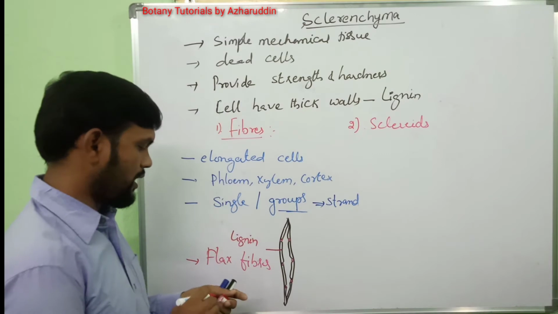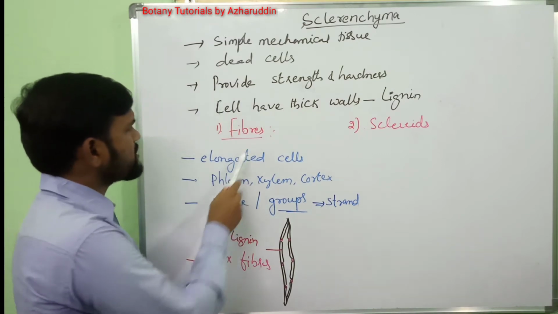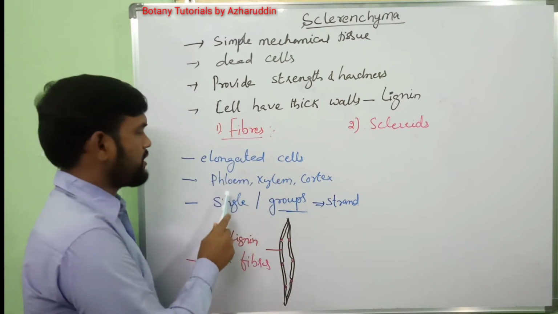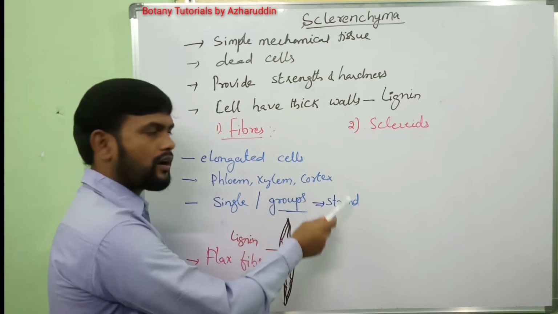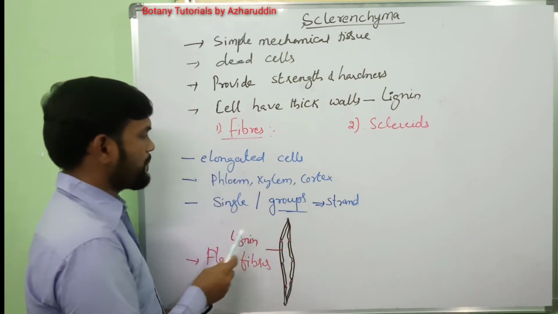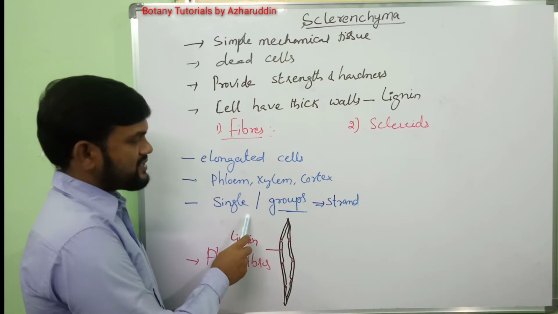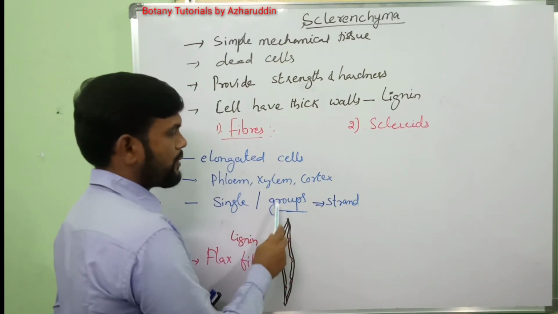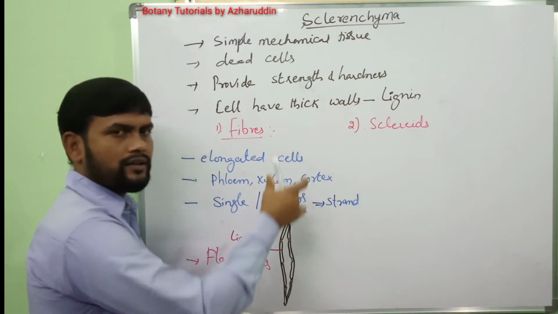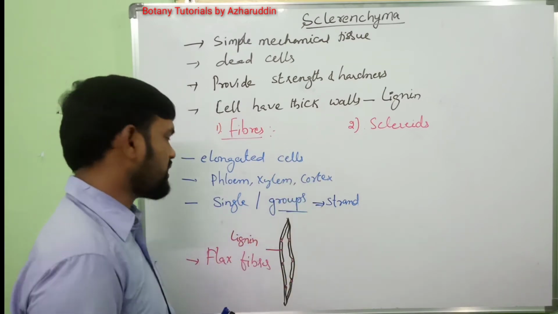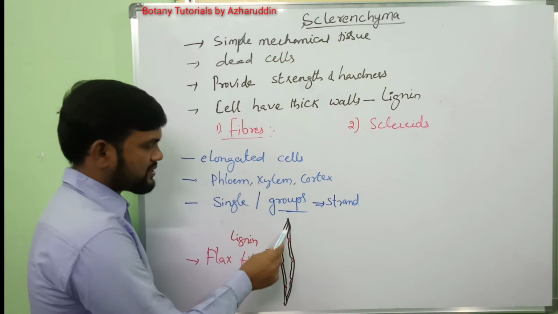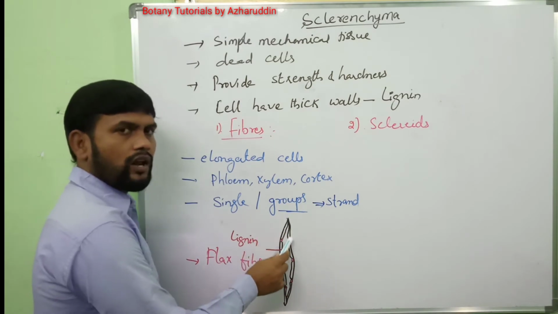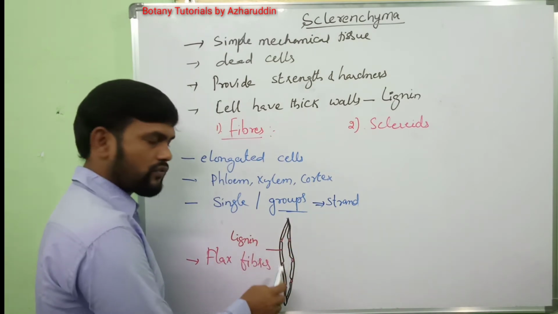Okay, once again I am repeating. Fibers are elongated cells and they are present in phloem, xylem, cortex and pericycle. They occur as single cells, otherwise they may be present in groups. When they are present in groups, they form a strand-like structure. And fibers contain a highly lignified thick cell wall.